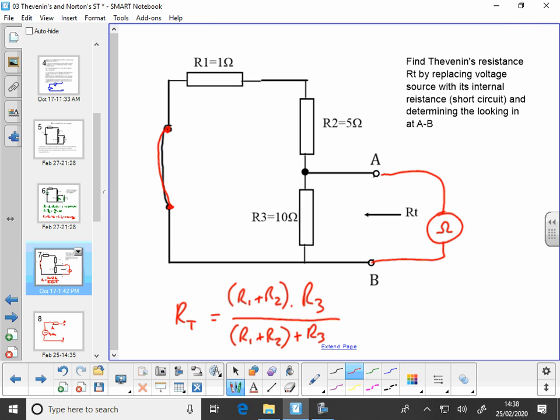Everybody understand that? If you prefer to add these 2 together first and then do product over sum with the result, that's fine. But equally, you can do it in one go like that.